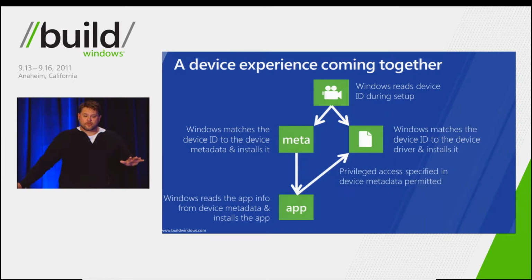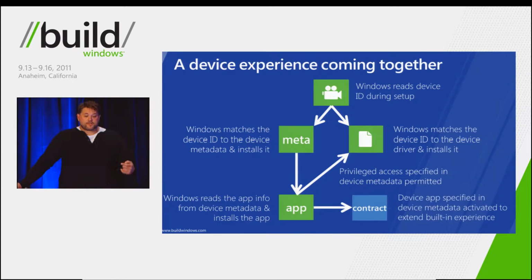And now the user runs the app. And that app, because of the metadata system and the tight linkage through signatures, is able to uniquely use restricted functionality on that driver if it's been locked down. And the second thing is activation of specific contracts is automated.